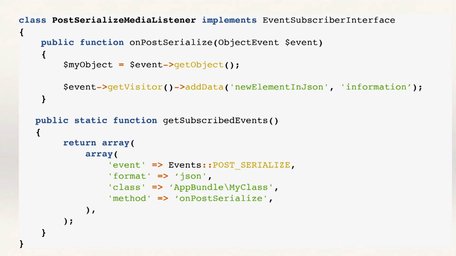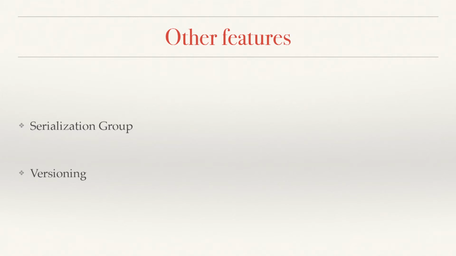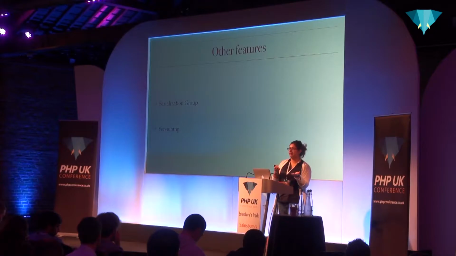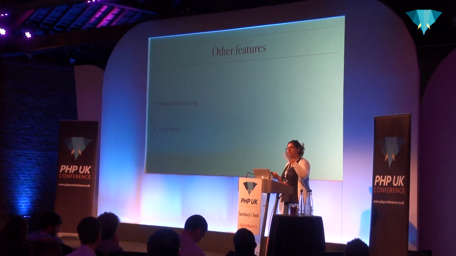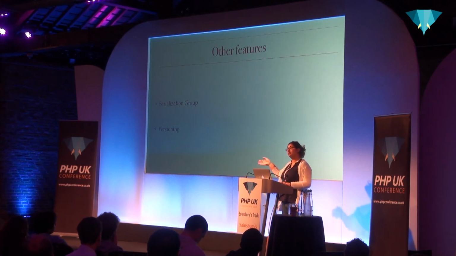There are other features. I won't talk about them because I don't have the whole afternoon. So you have serialization groups, if you want to serve your resource one way on one identifier, let's say /users, and you want /users another way on another identifier, you could call a group.